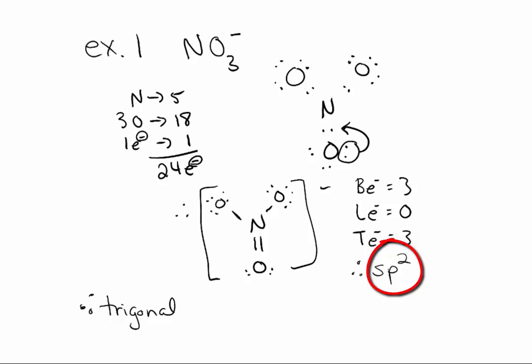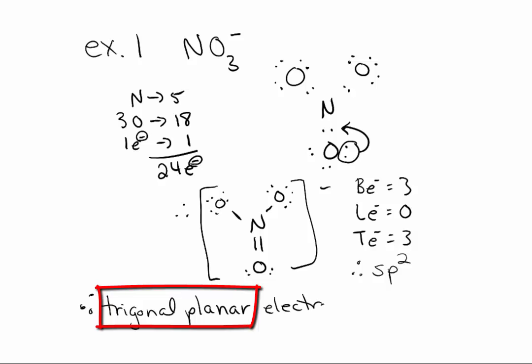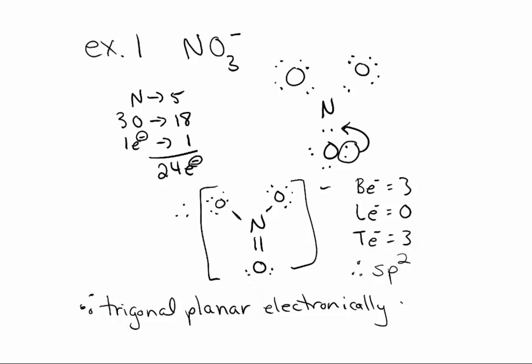And sp2 will always give you the electron arrangement shape of trigonal planar. Now you'll notice that this example also does not have any lone pairs, so that means the molecular geometry shape is also trigonal planar.